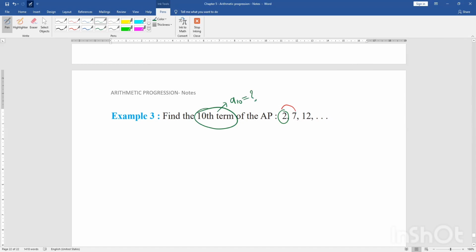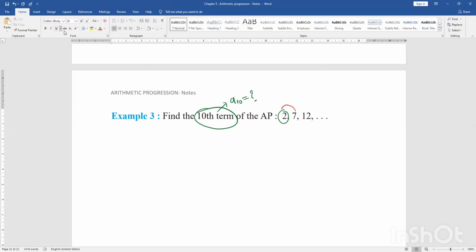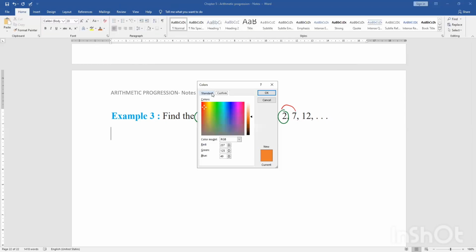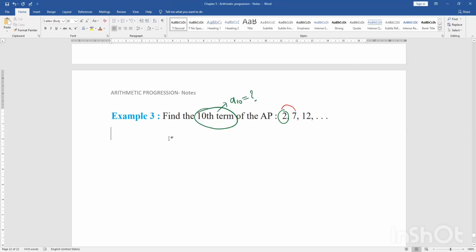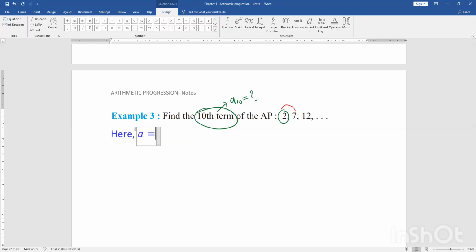Now let us write this out. A equals 2, that is the first term, and then we have D, the common difference.